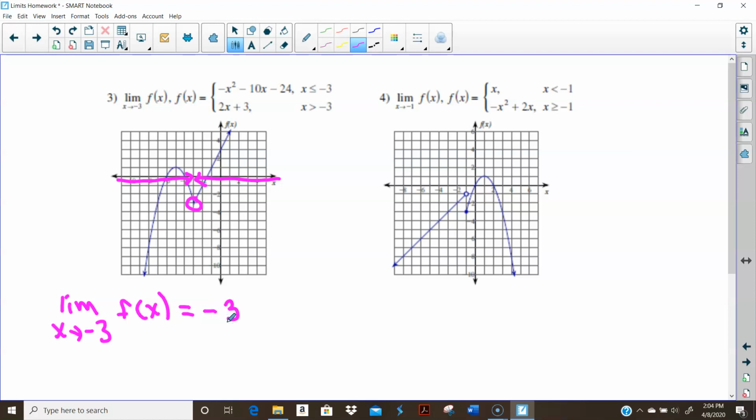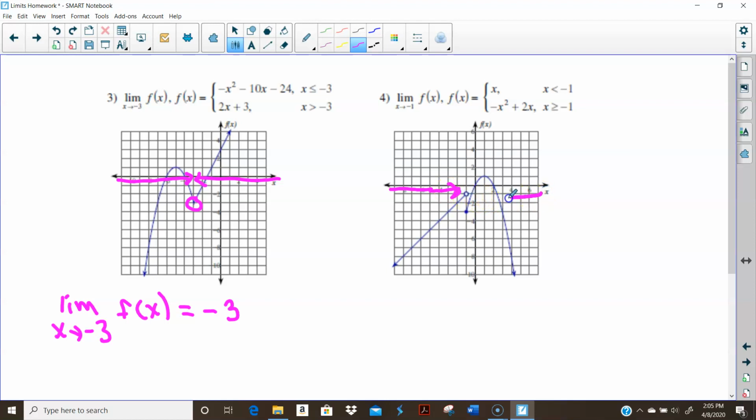All right, let's look at number 4. The limit as x approaches -1. Now, as I'm approaching -1 from the left-hand side, you can see each time where I am on that linear piece, and I'm coming into -1. And you can see at -1, there's a jump in the graph, and I'm actually equal to this value down here. But if I'm looking from the left-hand side, the limit is -1.